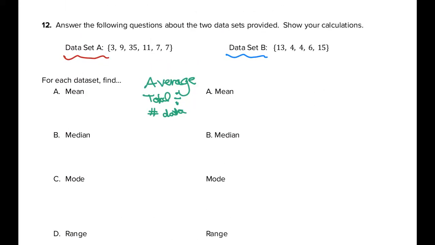So for data set A, if I take 3 plus 9 plus 35 plus 11 plus 7 plus 7, and I forget. 72/6. Yes, that is correct. So we get a total. Total is 72.